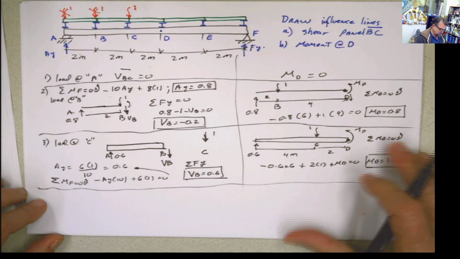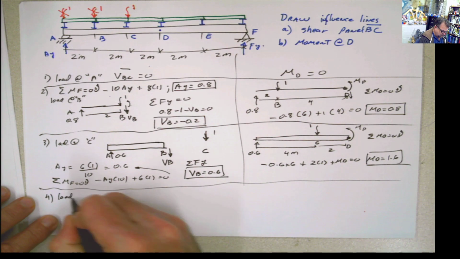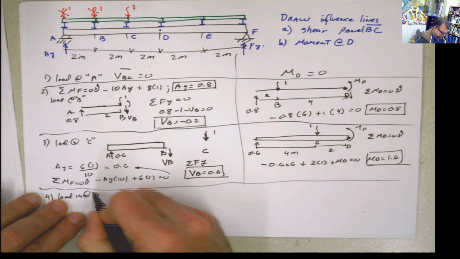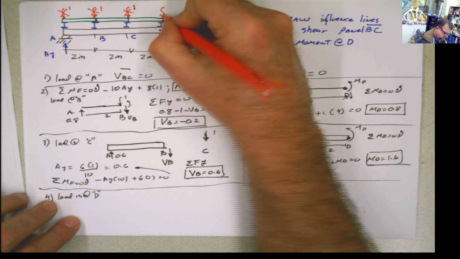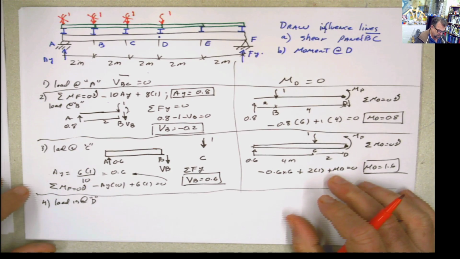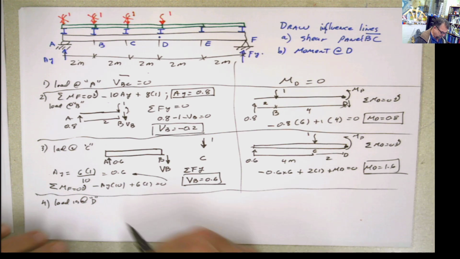Got it. Okay, now fourth, when the load is at D, follow the leader, there you go, there, 1.